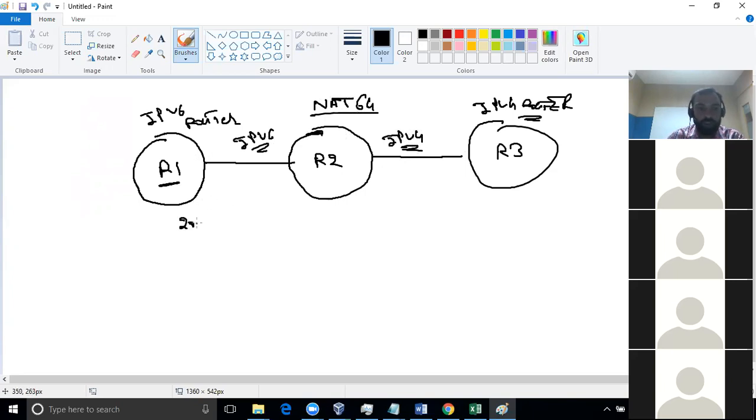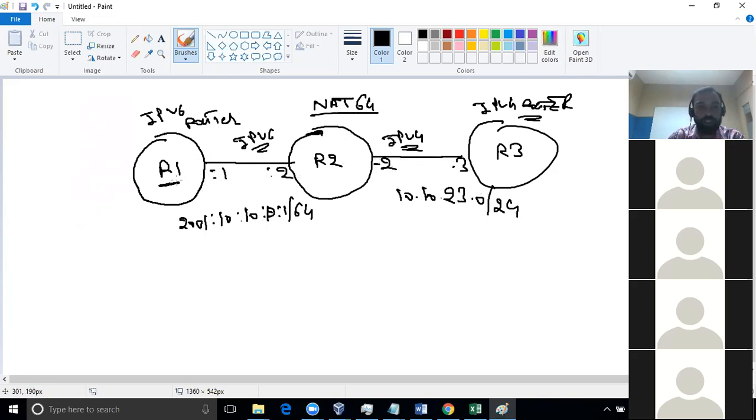Suppose this one is using subnet 10.10.10.12/64. This IP is 1, that one is 2. This IP version 4 is using the subnet, as an example, let's say 23/24. So this interface is 2 and that one is 3.